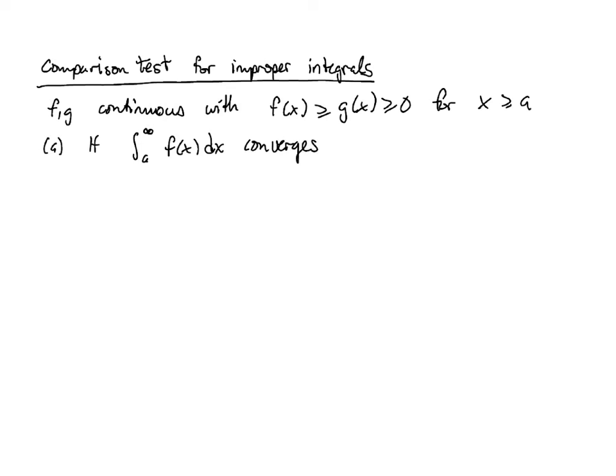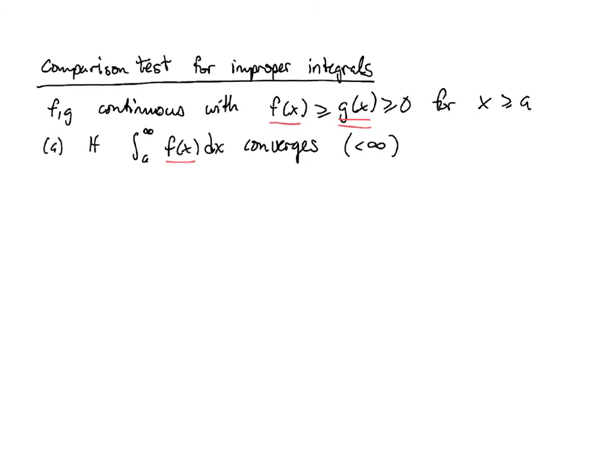So in the situation where the larger of the two functions converges, this is saying that this integral that we have is a finite number because we're integrating a non-negative function. And because this f of x function is greater than or equal to the g of x function, if the integral of the larger function is finite, then the integral of the second function has to be finite as well.